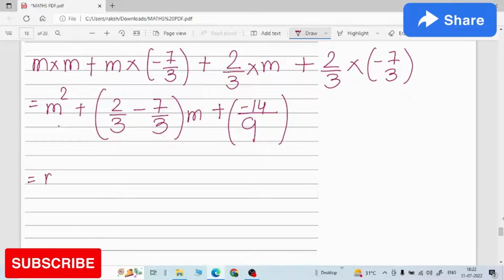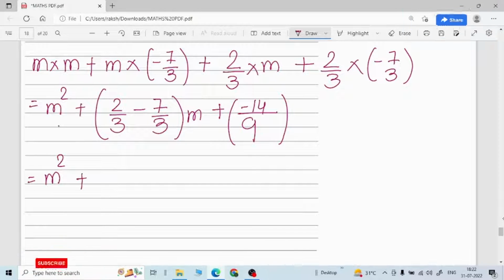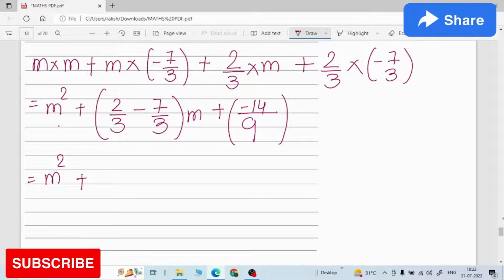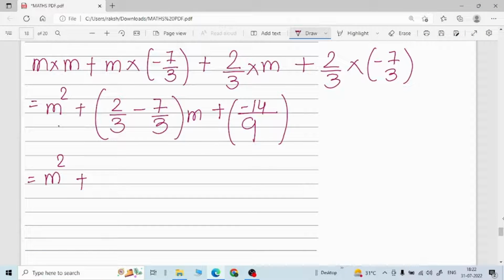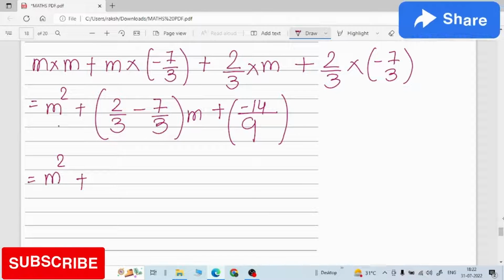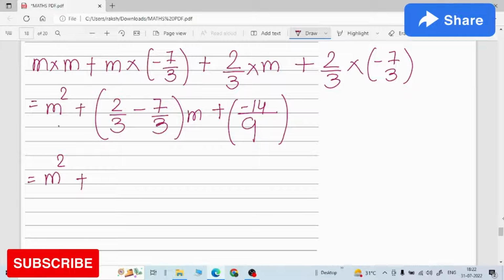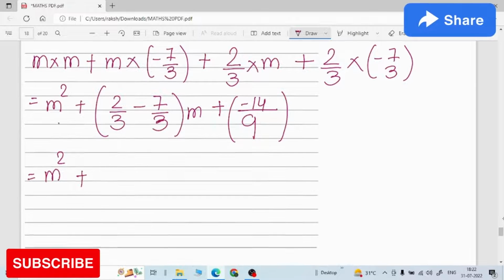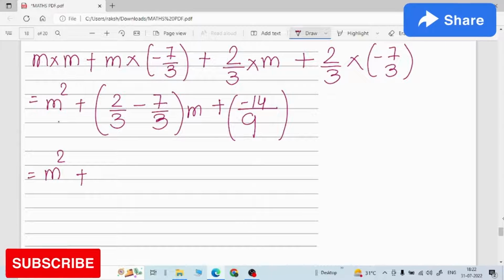m square plus. Here you can add easily. We got the common denominator 3. The denominator 3 is the same, so we can add or subtract. But if the denominators are different, we can't add or subtract. So we have to multiply and make the denominators the same, then only can you add or subtract.